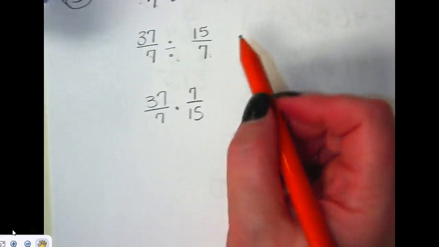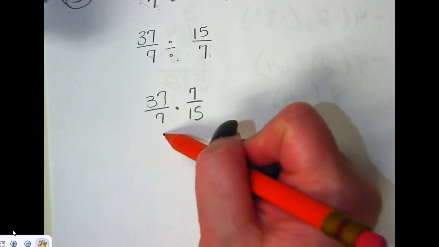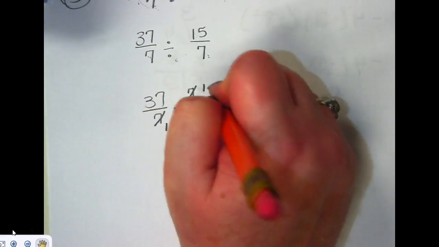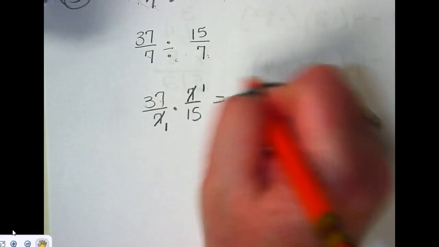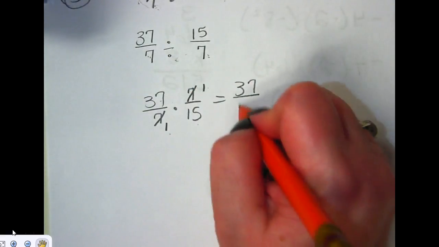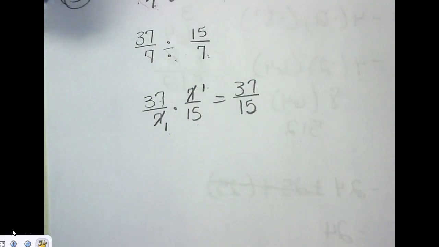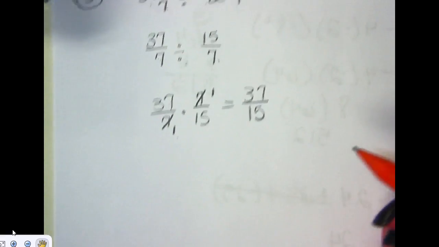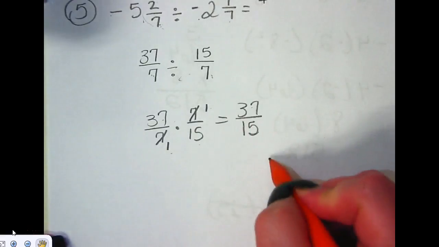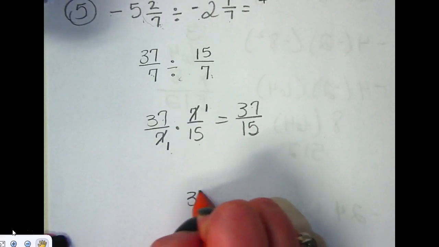I can cross simplify. 7 and 7. 7 divided by 7 is 1 and 1. So now multiply. 37 times 1 is 37. 1 times 15 is 15. Can I leave it improper like that? No. So I'm going to say 37 divided by 15.